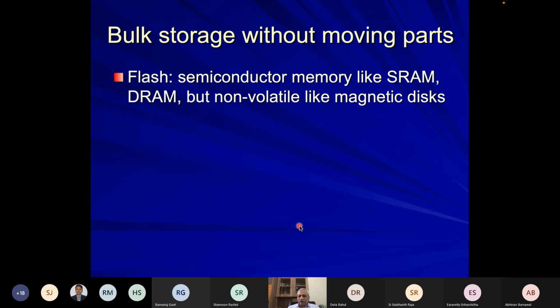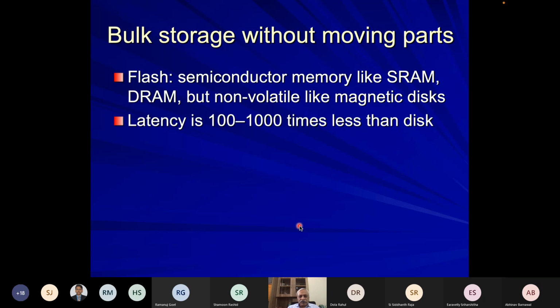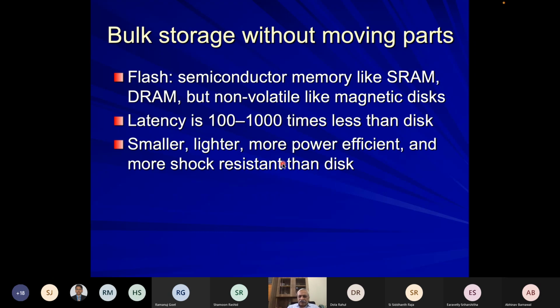In SRAM and DRAM, it is lost. Its latency is much less because moving parts are not involved. It is size-wise smaller, lighter, more power efficient, and more shock resistant than disk.